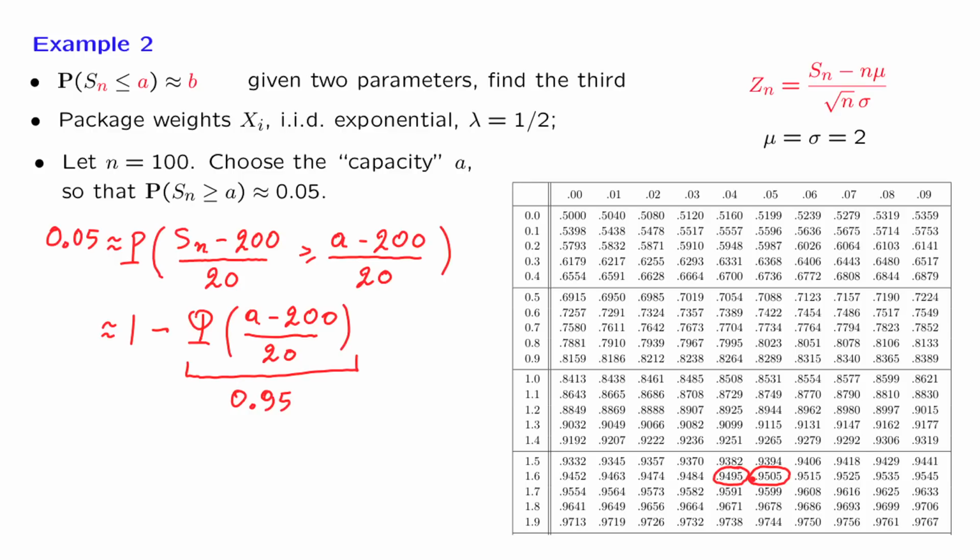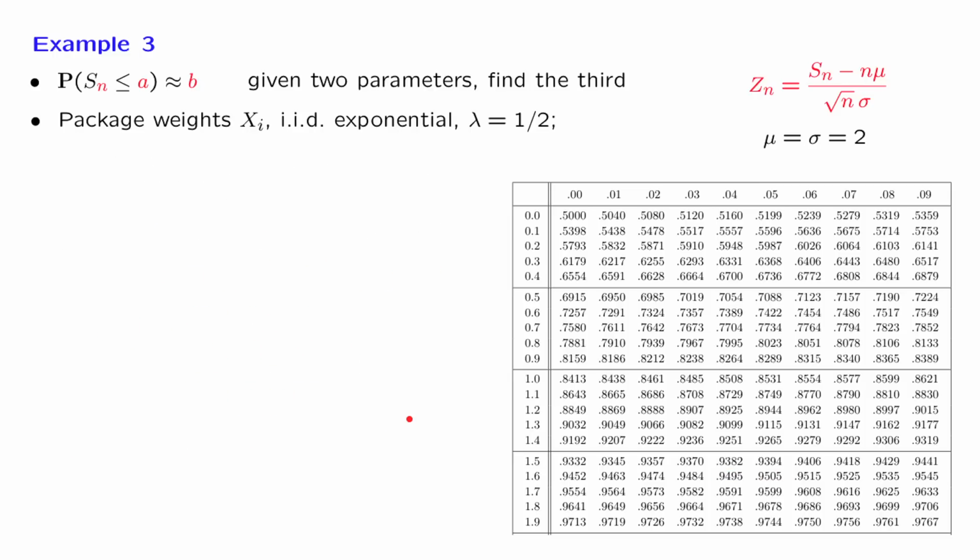And so we conclude that in order for this to be 0.95, we need a minus 200 divided by 20 to be equal to 1.645. And then we solve for a, and we find that a should be 232.9. And we can choose the capacity of our container this way.